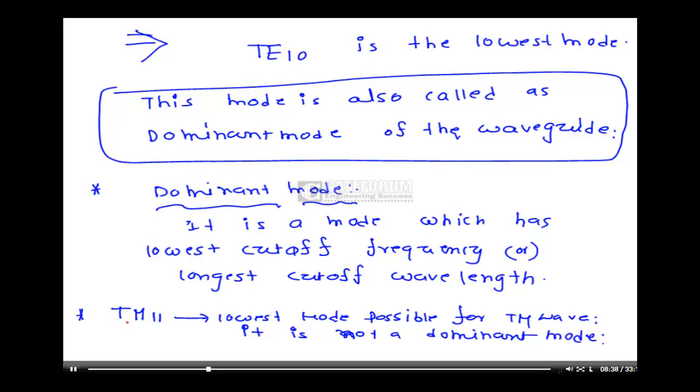Of course, for TM11 in TM propagation it has the lowest cutoff frequency, but it is not a dominant mode, because if you compare TE10 Fc and TM11 Fc, TE10 has the lowest cutoff frequency.